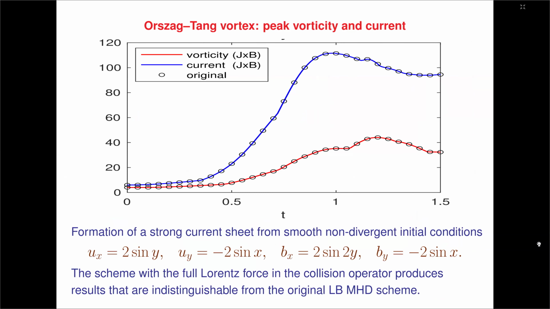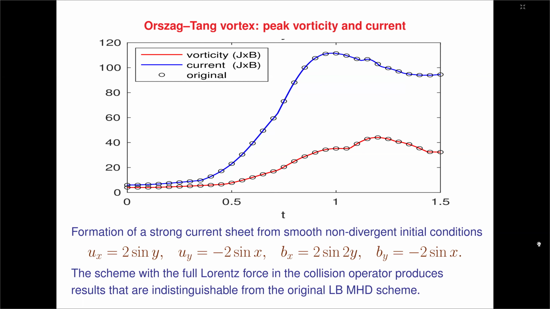And then if I do another benchmark, this is taking smooth initial conditions with now getting the full Lorentz force from the collisions, and what I get for peak current and peak vorticity is exactly the same as the original lattice-Boltzmann scheme, putting the Lorentz force into the Maxwell stress, whereas here we're having to do the differentiation through the collision operator.